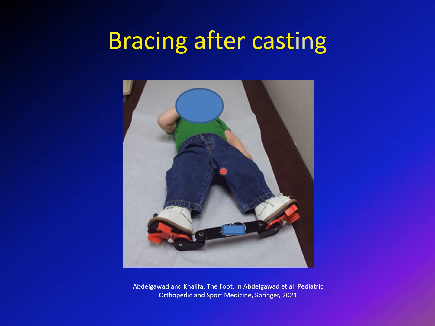After casting, with or without a tenotomy, the patient is fitted into an abduction foot orthosis that looks like this for about 2 years. The first 2 months it's 22 hours. After that it's about 10 hours a day. The foot is kept externally rotated in that brace. And all this is described in detail in my lecture about clubfoot.